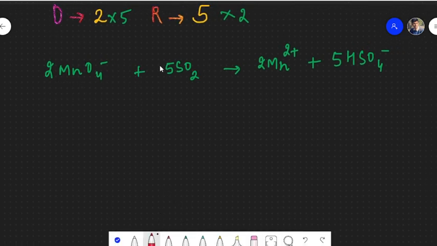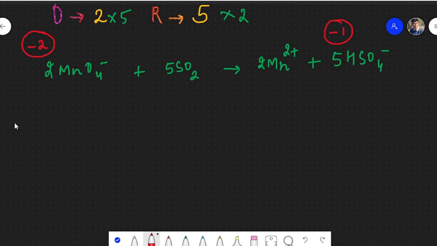The next step is to calculate the amount of charge on both sides. On the reactant side, the overall charge is -2, and on the product side the overall charge is 4 positive and 5 negative, so overall -1. After this step, there are two ways to balance this chemical reaction: one is in acidic medium and one is in basic medium.